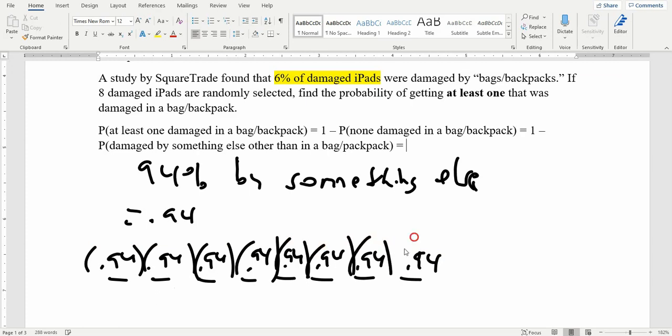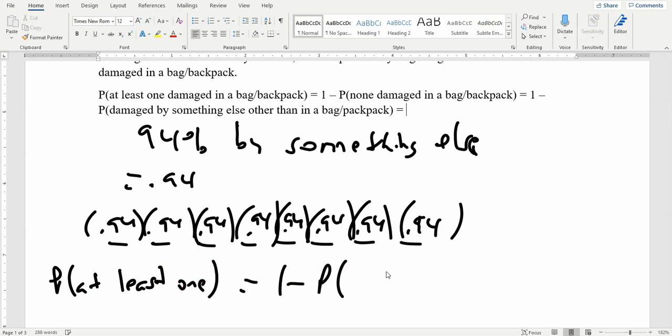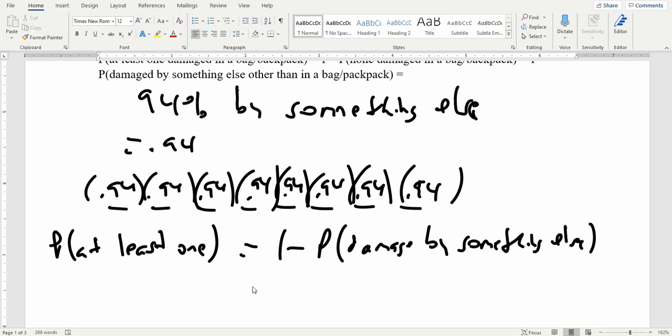Now that's a lot of writing, and that's just 8. So what we're actually going to do is do it like this. The probability of at least one is equal to 1 minus the probability of damaged by something else, and those something elses have a 94% probability.